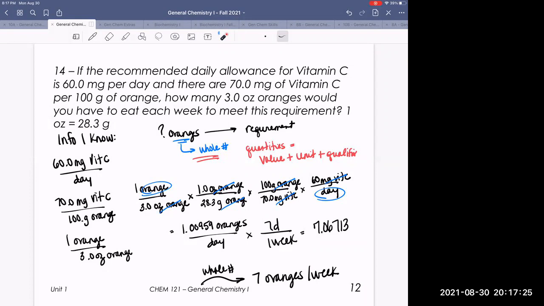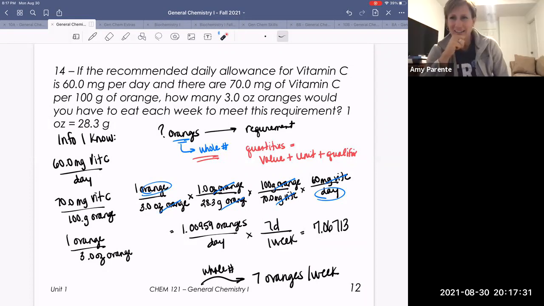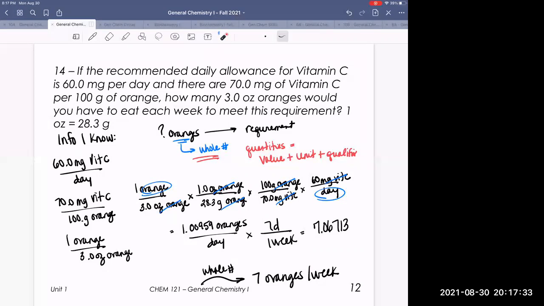Yeah, I basically, sorry, I'm losing my voice. That's all right. I flip back to it because I was doing some scratch work. So basically, I did this weird thing where I figured out that I needed 420 milligrams per week. And then I converted that to 42 grams a week.